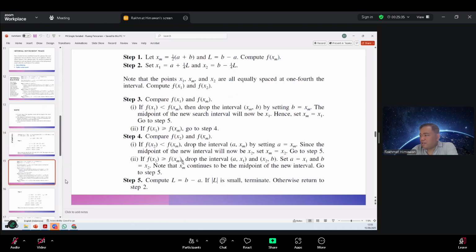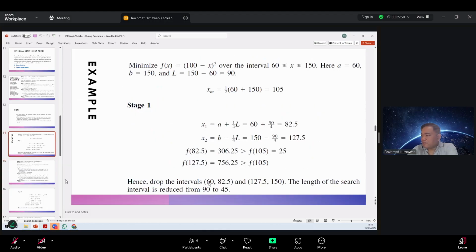Okay, so we are here now. That means drop the interval from A to x1 and from x2 to B. The new A is now x1, the new B becomes x2. The midpoint is still the same. Drop the interval between 60 and 82.5 and between 127.5 and 150.